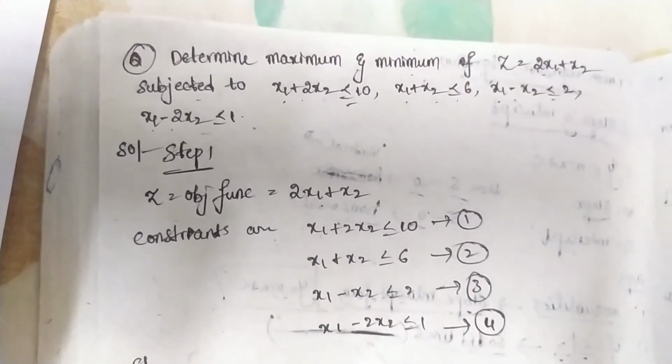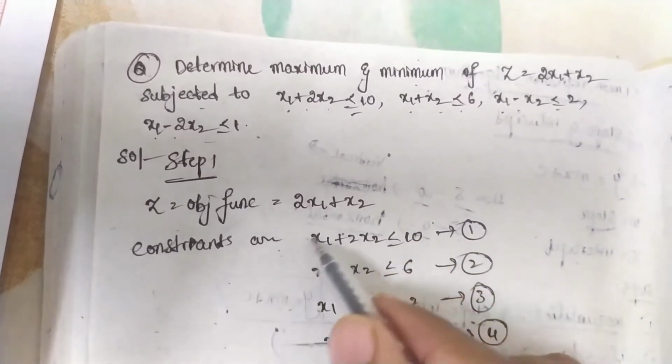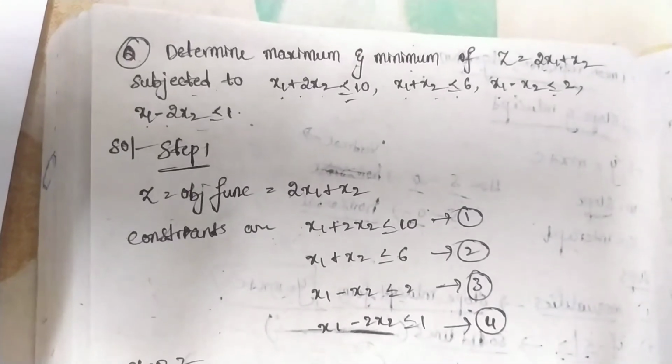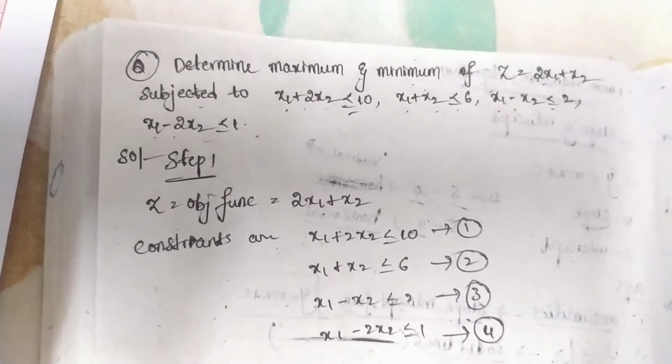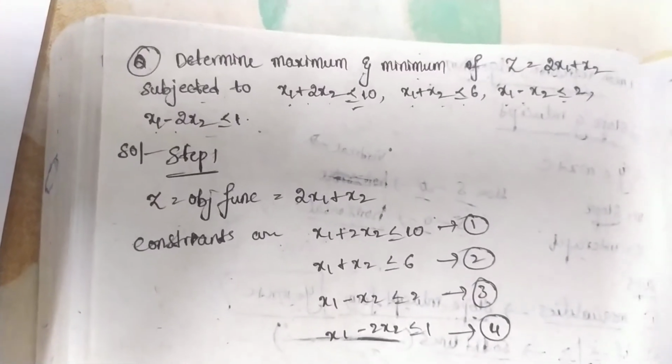In the next step, step 2, we have to convert these inequality constraints into equality type.